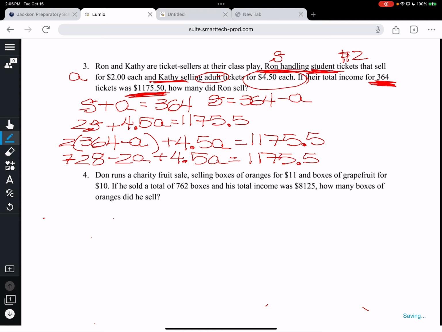So what's 4.5 minus 2? 2.5. 2.5A equals, and we're going to bring the 728 over as a negative. That's a weird final number. And we get 447.50.